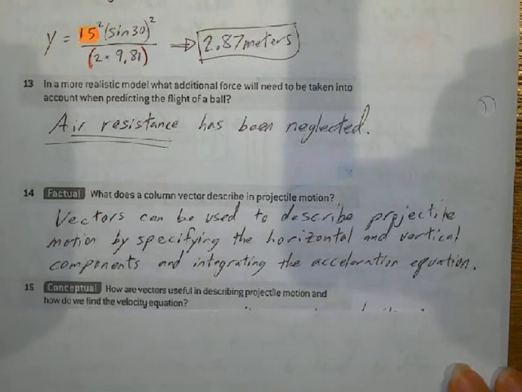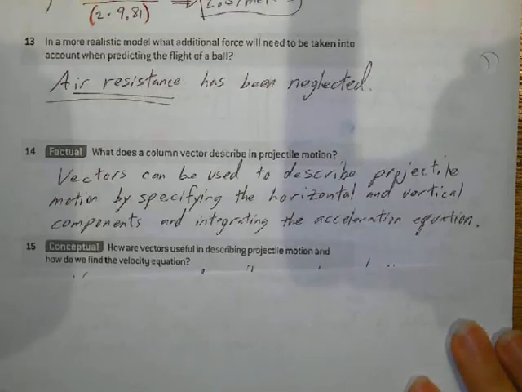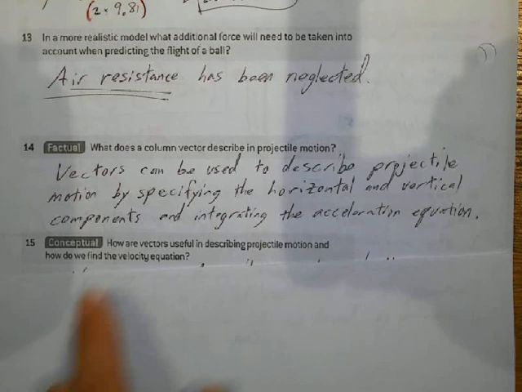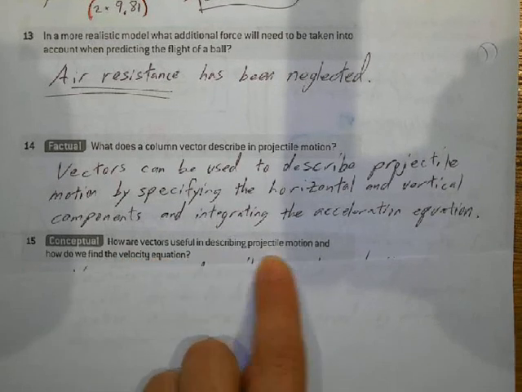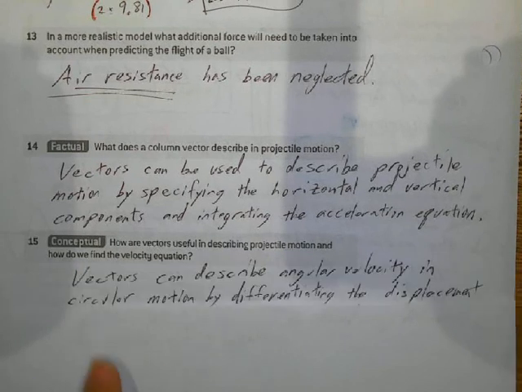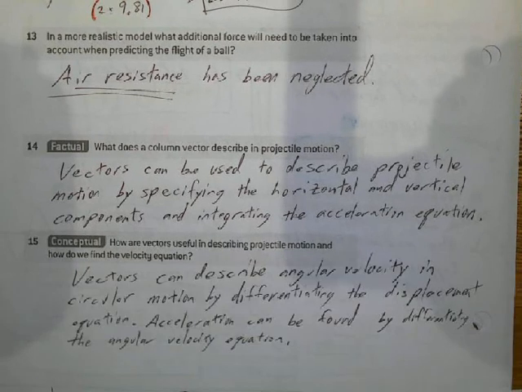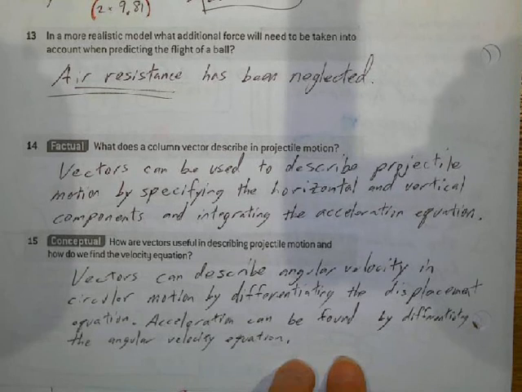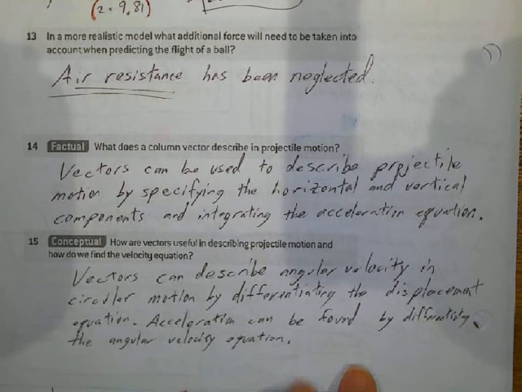Okay, and then question 15, and then the rest of it I'll make in a separate video. How are vectors useful in describing projectile motions, and how do we find the velocity equation? So vectors can describe angular velocity in circular motion by using derivatives and displacement.